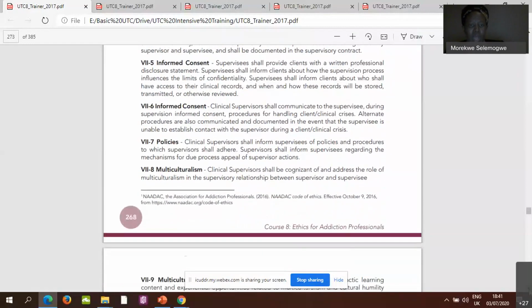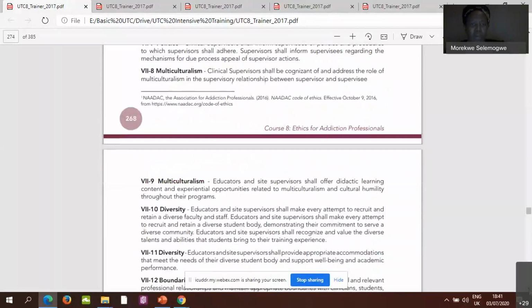Multiculturalism. Clinical supervisors shall be cognizant of and address the role of multiculturalism in the supervisory relationship between the supervisor and the supervisee. Educators and site supervisors shall offer didactic learning, content, and experiential opportunities related to multiculturalism and cultural humility throughout their programs.